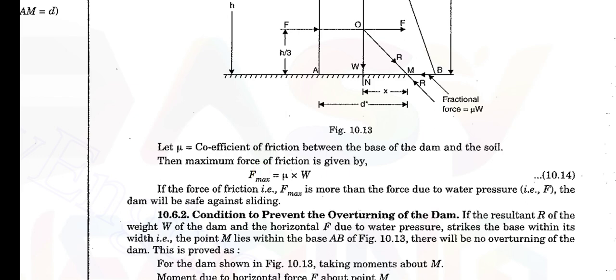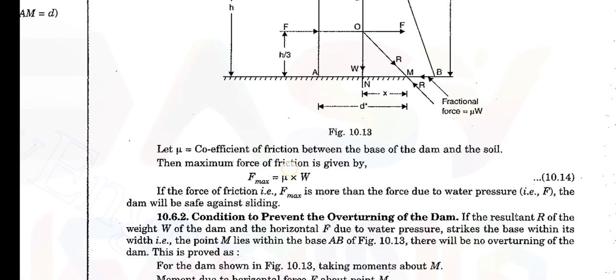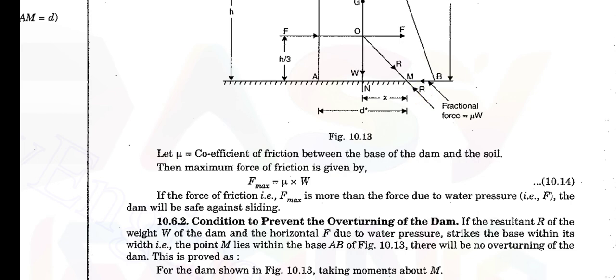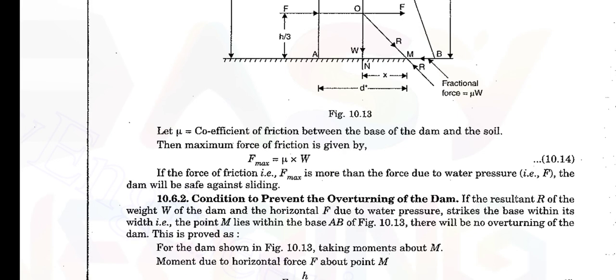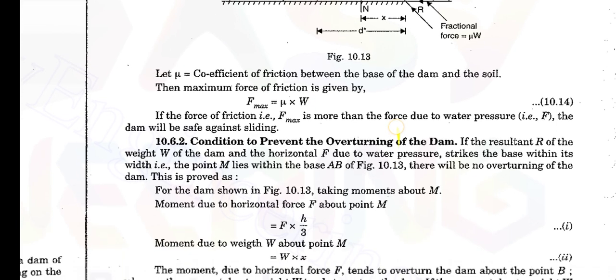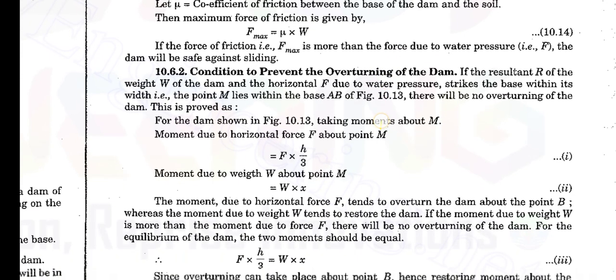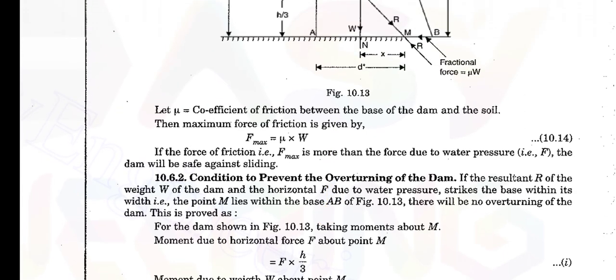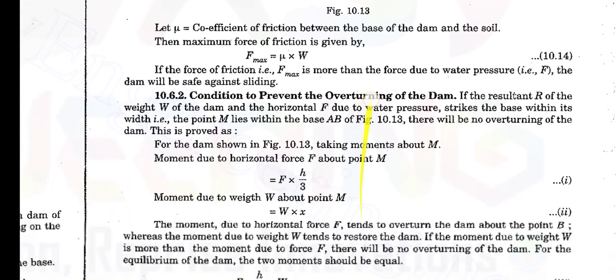Here mu is the frictional coefficient between the soil and the dam. W is the total weight, so F max will be equal to mu into W, where mu is the coefficient of friction and W is the total weight of the dam.